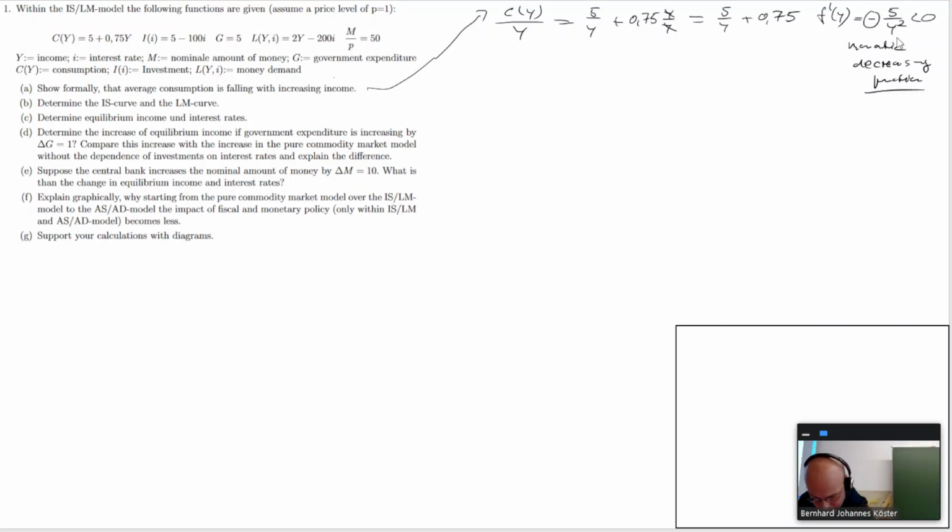Maybe in an exam, then I show formally that average consumption is falling with increasing income, and explain economically.